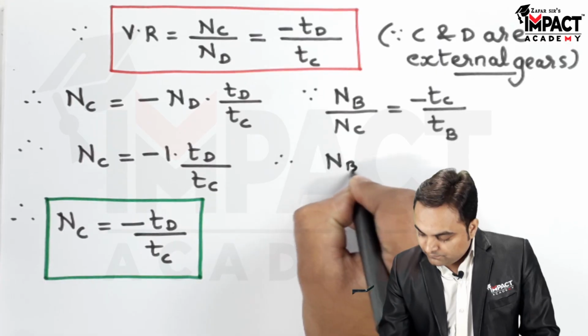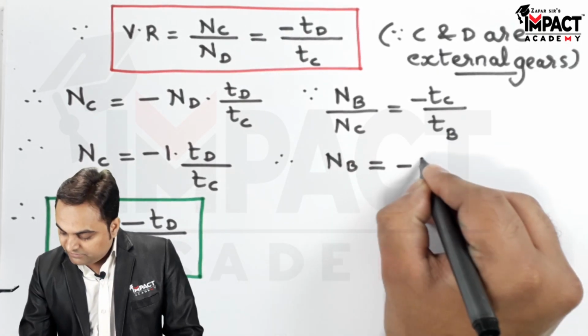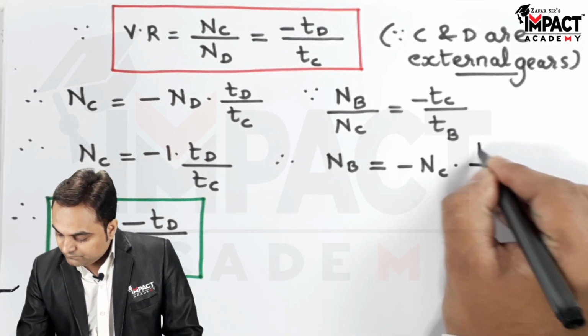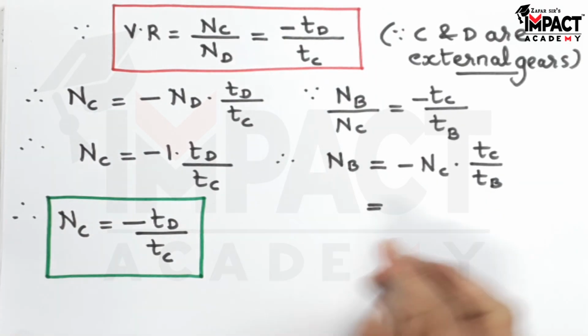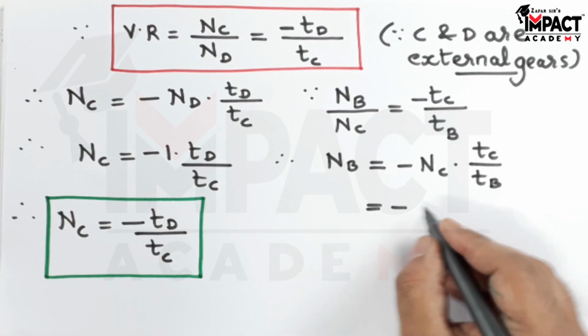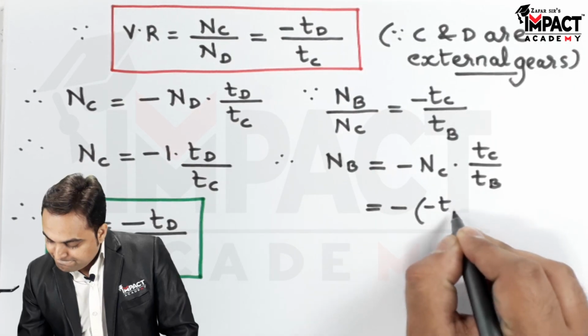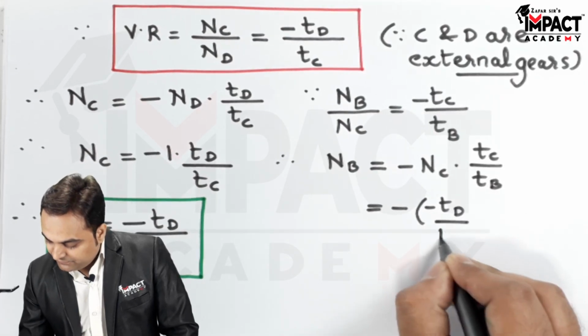Therefore NC would be multiplied here. Now here I have the value of NC, which is negative, so putting the value here, minus TD by TC.